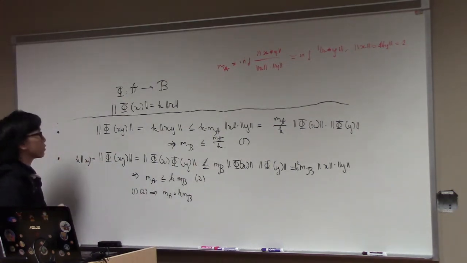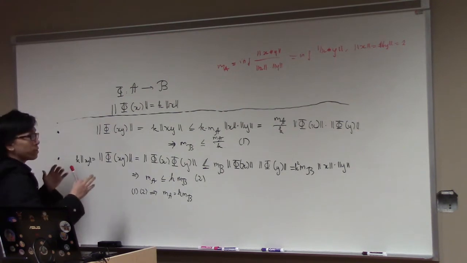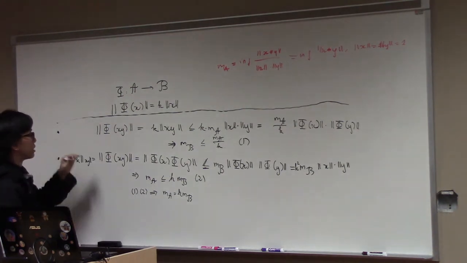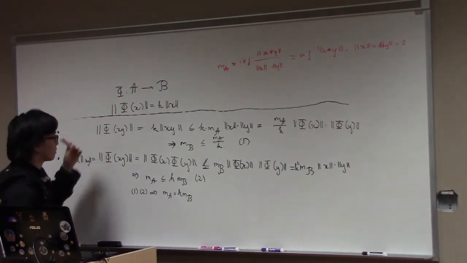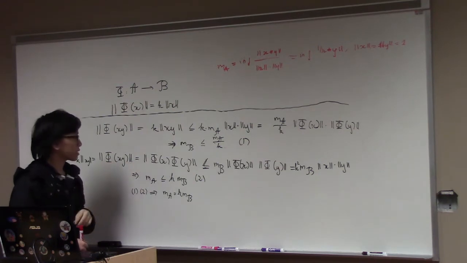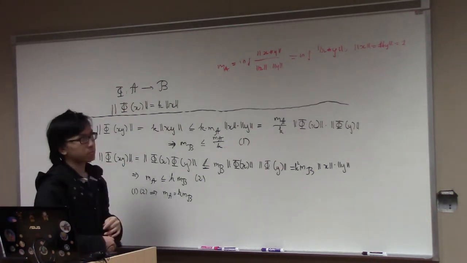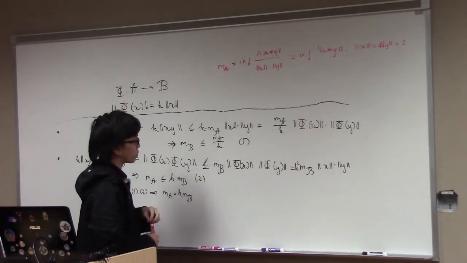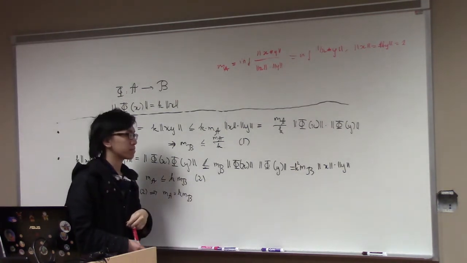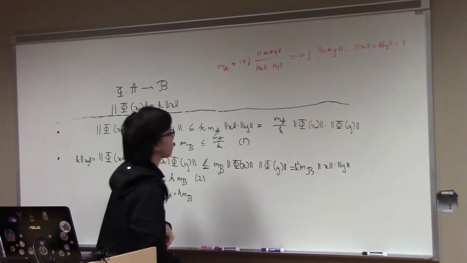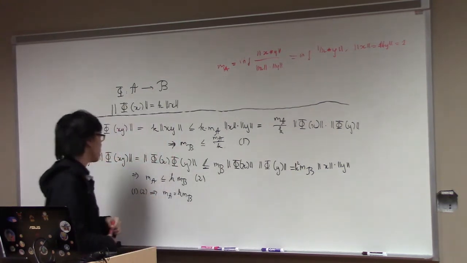And the next thing we do is to do it on A instead. So we get k‖xy‖ equal to ‖phi(xy)‖, by the definition, and then equal to ‖phi(x)phi(y)‖, because phi is an algebra homomorphism, which is less than or equal to M_B times ‖phi(x)‖ times ‖phi(y)‖, and then less than or equal to k squared M_B times ‖x‖ times ‖y‖.